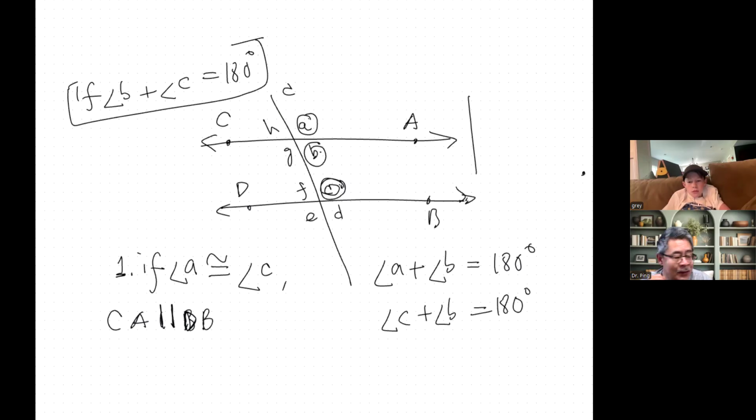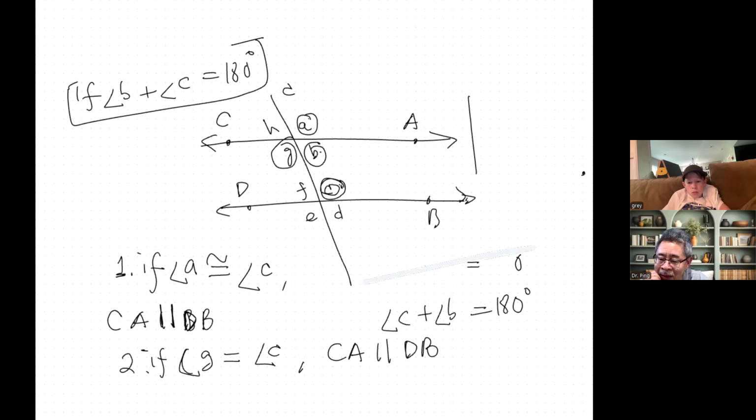And the second one is if alternate angles are equal. That means if angle G is equal to angle C, then CA is parallel to DB. We can see why.